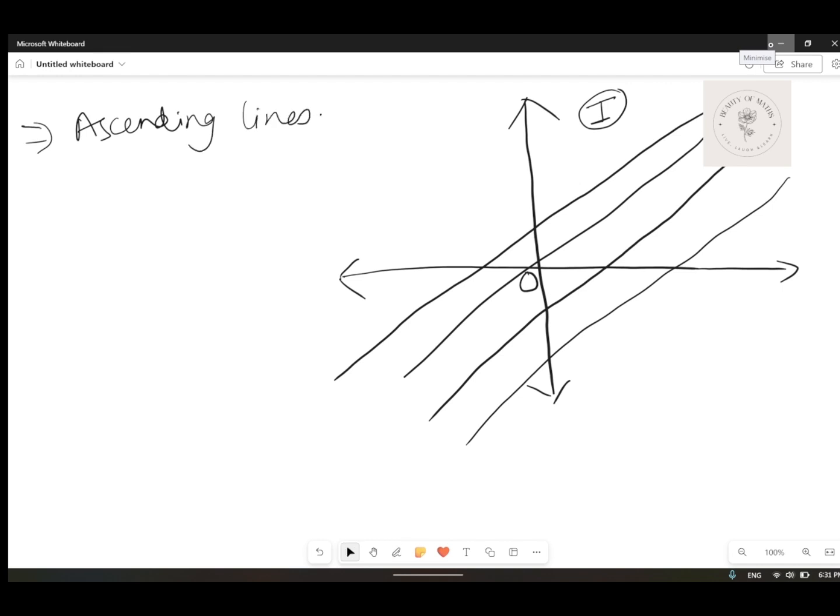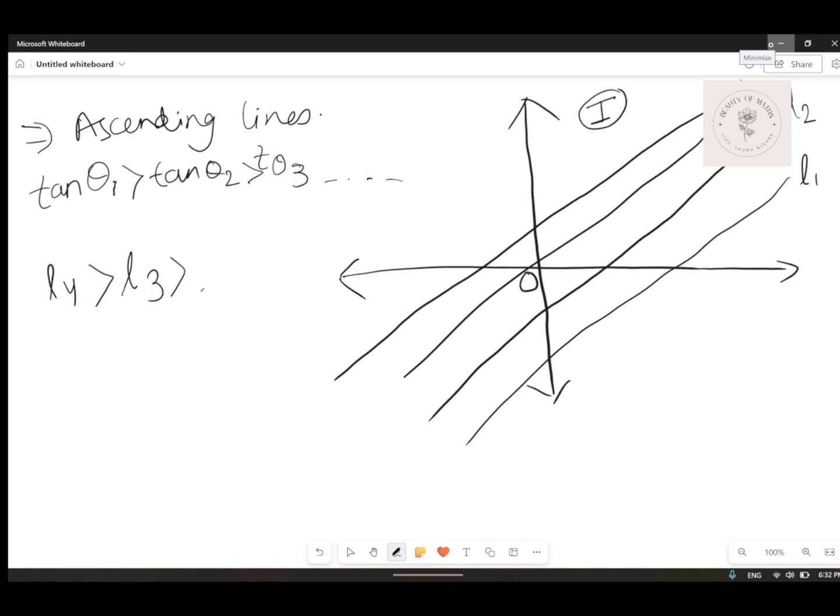Now these ascending lines will also have tan theta 1 greater than tan theta 2 greater than tan theta 3 and so on. So in this comparison of L1, L2, L3, L4, we can say L4 has a greater slope than L3 and L2 and L1 here.